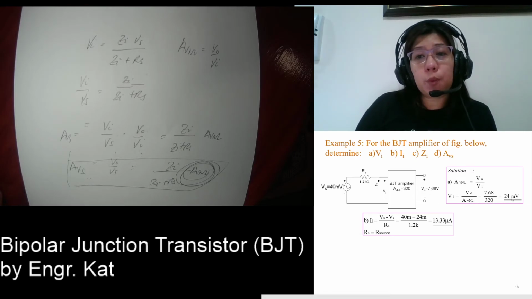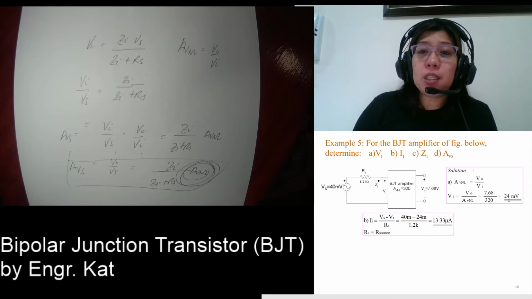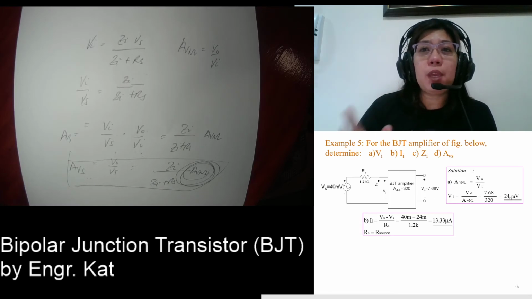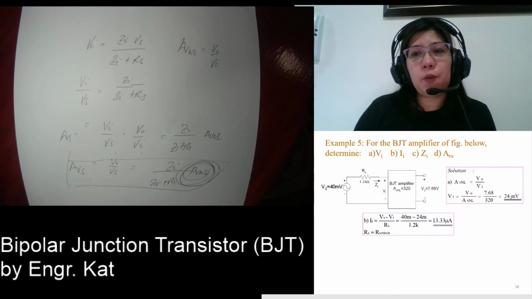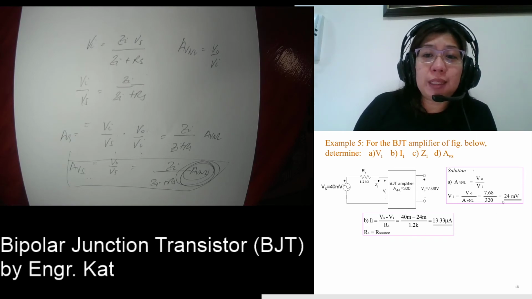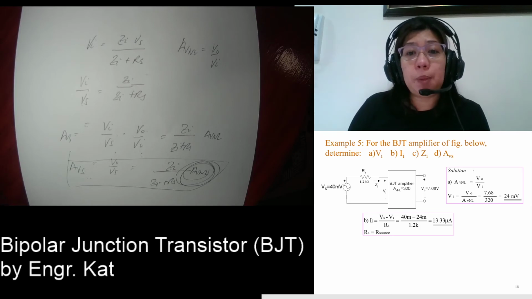That will give you 24 millivolts. So there is an amplification, right? Because if your input is 24 millivolts, when you measure your output it became 7.68 volts. So it was amplified 320 times. That's what you mean by amplification.